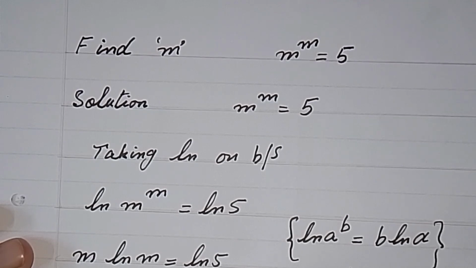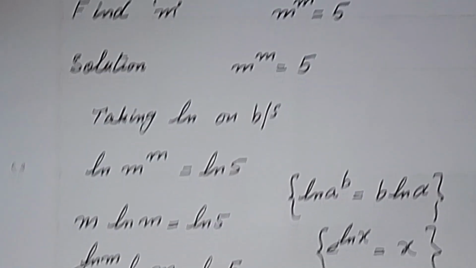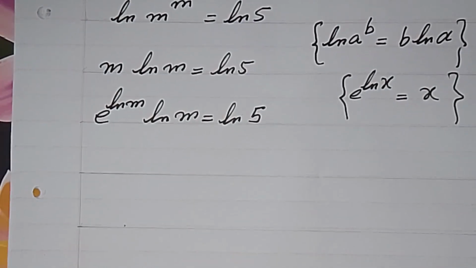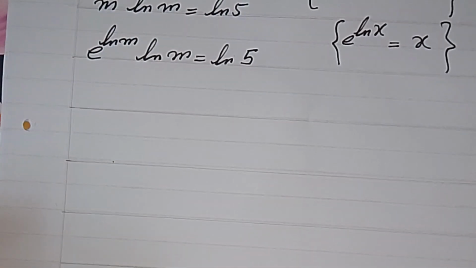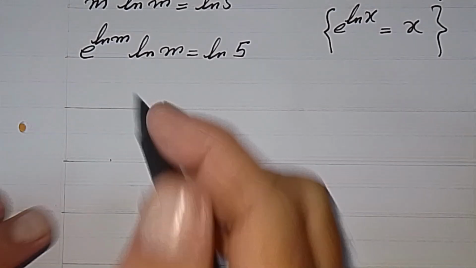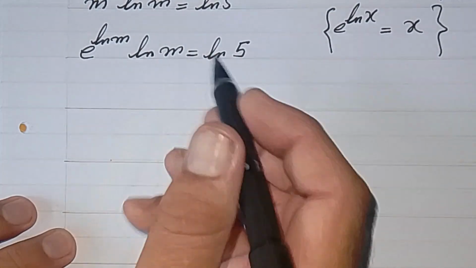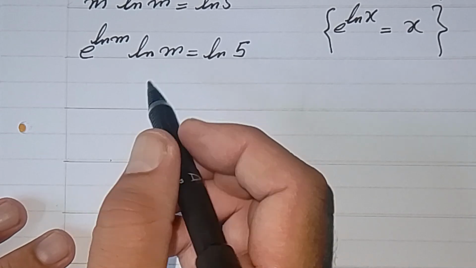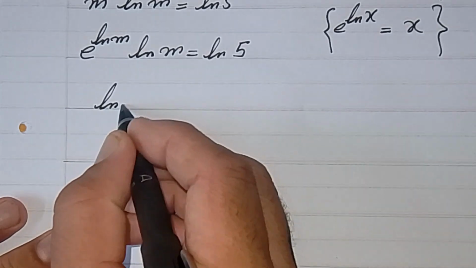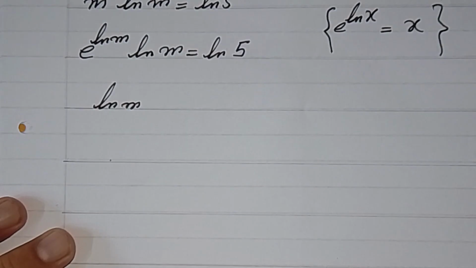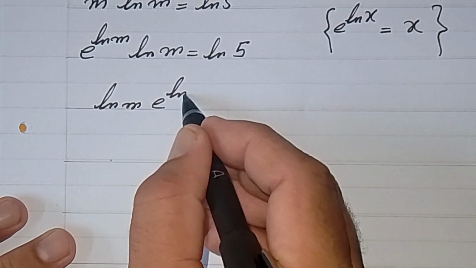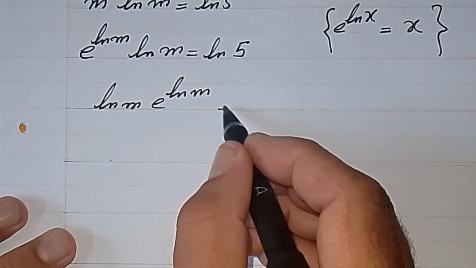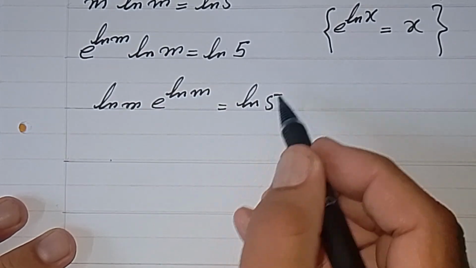Now we write it as log m is log m, e raised to the power log m is equal to log 5.